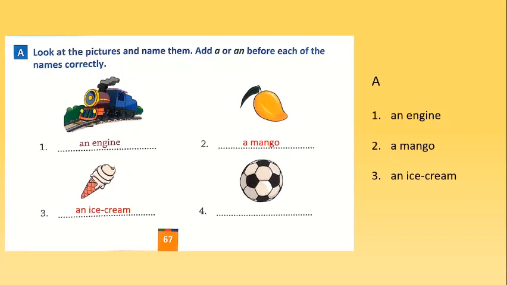Number 4 is the picture of a ball. B is a consonant, so the word ball starts with a consonant, and so we use article a. A ball.